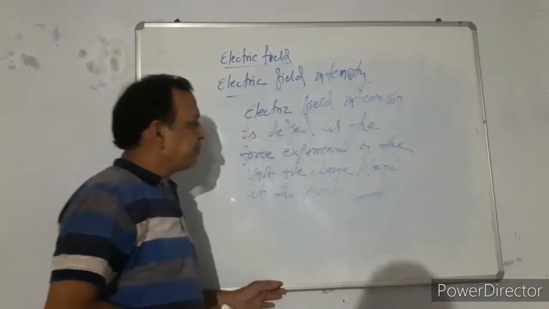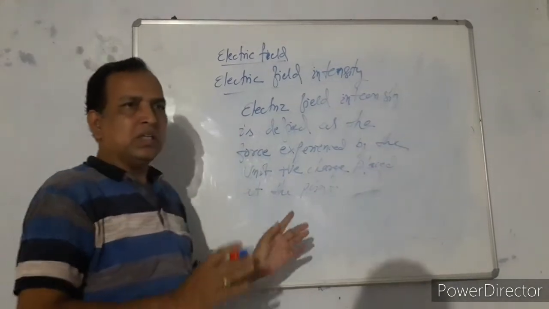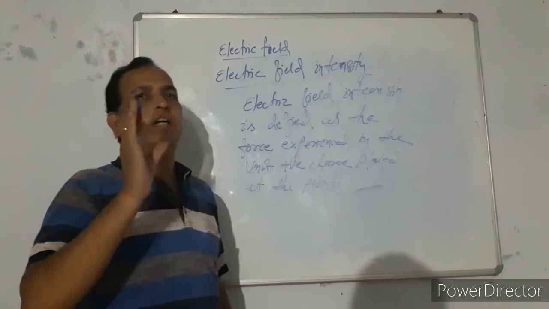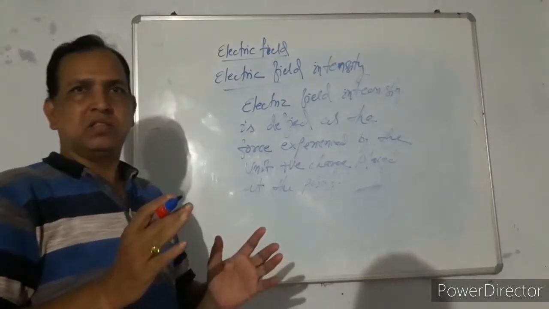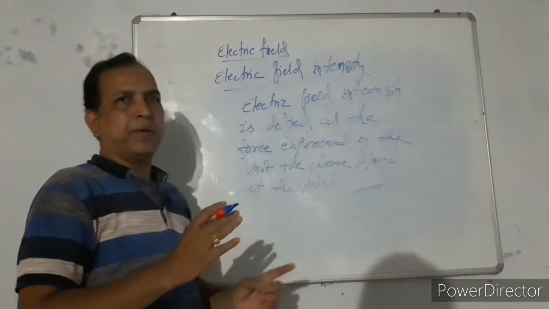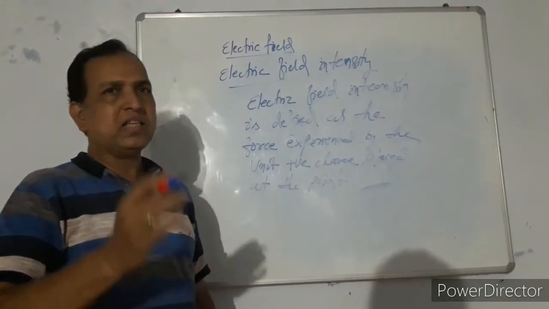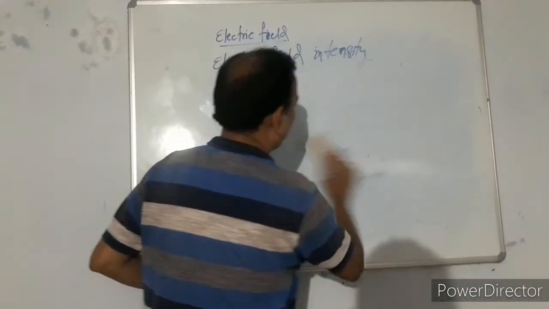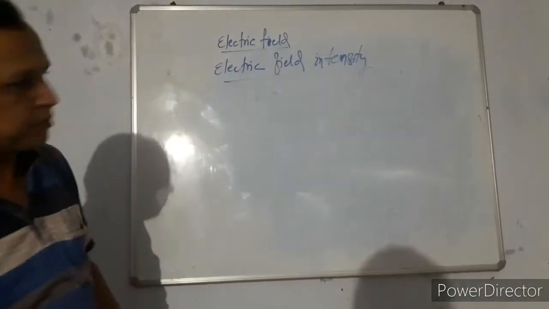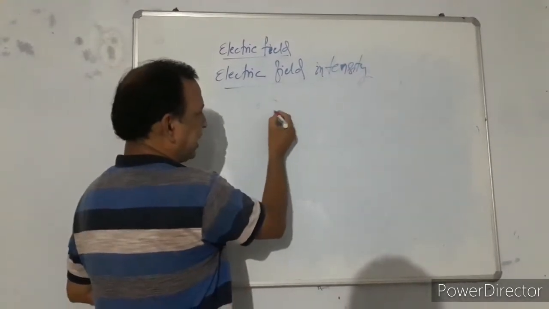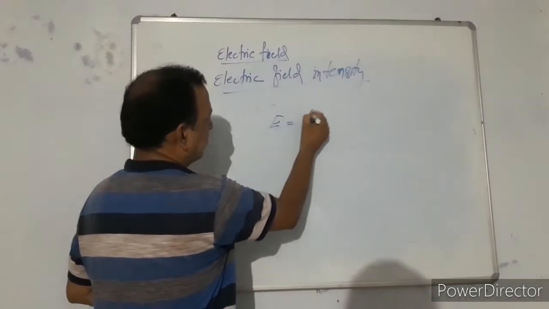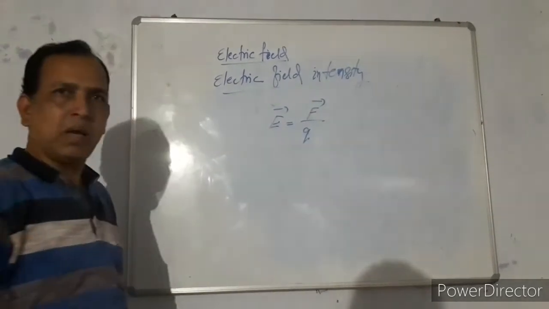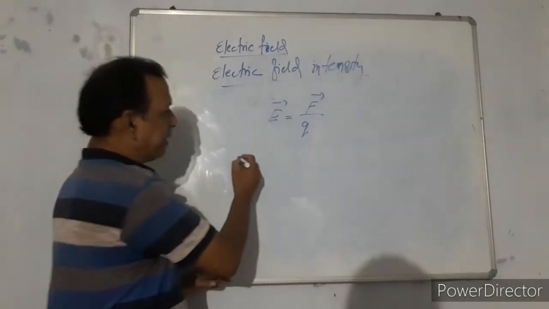So electric intensity is a vector quantity. Vector quantity means this intensity has magnitude as well as direction. What is the expression for the intensity?